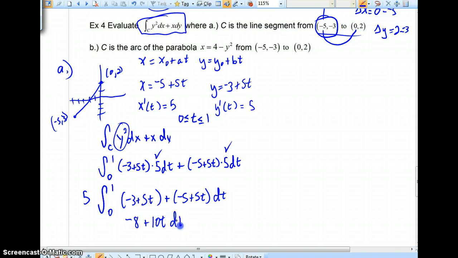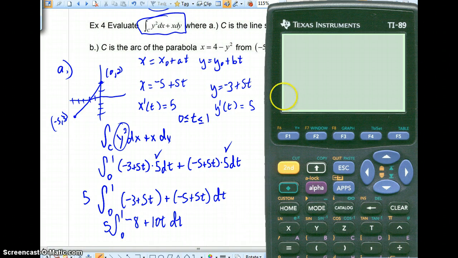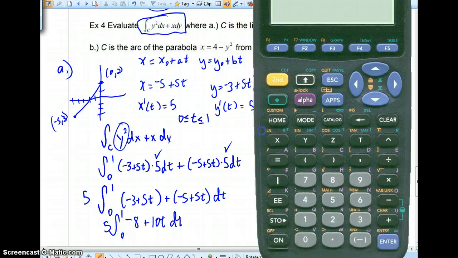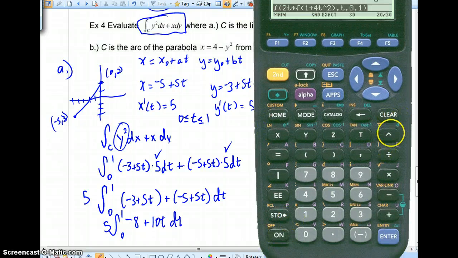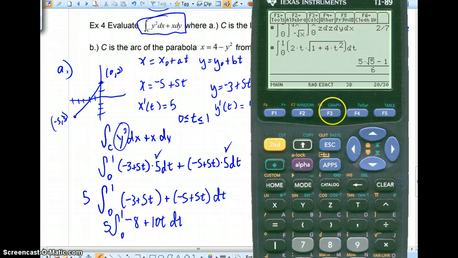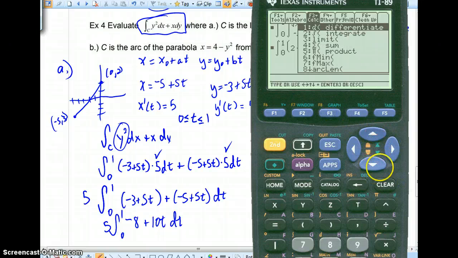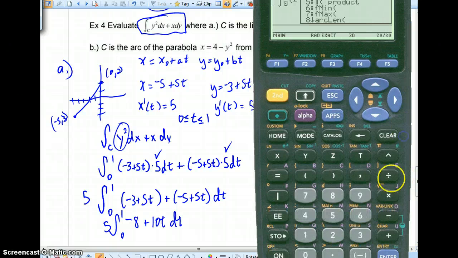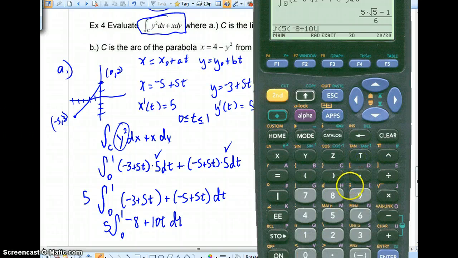And from here, again for the sake of time, if we were to just let the calculator help us out, we'll go down to integrate. Ironically, I think sometimes this is almost like slowing us down. I think we could have been done by now if we would have worked this out by hand. But there's our integrand.